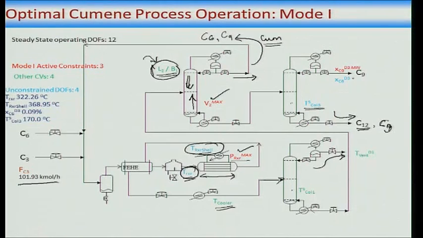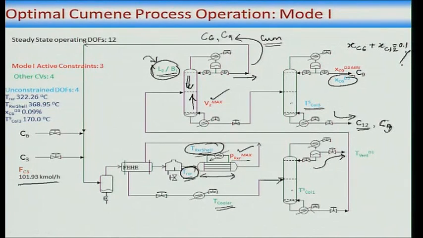Well, the fourth one is this, and this effect I need to explain a little. You see, what are the impurities in the product? The impurities in the product are X C6 plus X C12, and I would like this sum to be 0.1%, because my product is to be 99.9% pure.